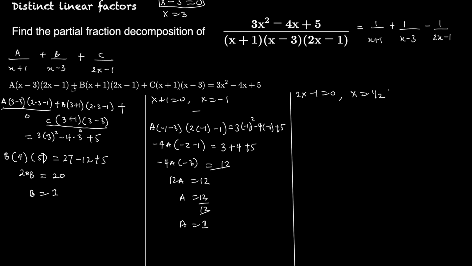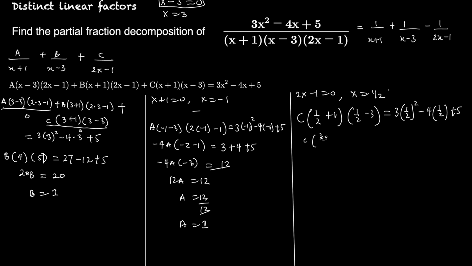So which means all of this goes to 0, all of A goes to 0, all of B goes to 0, and then we are left dealing with C. So C multiplied by half plus 1, then half minus 3 equals 3 raised to the power of 2 minus 4 times 1 half plus 5.